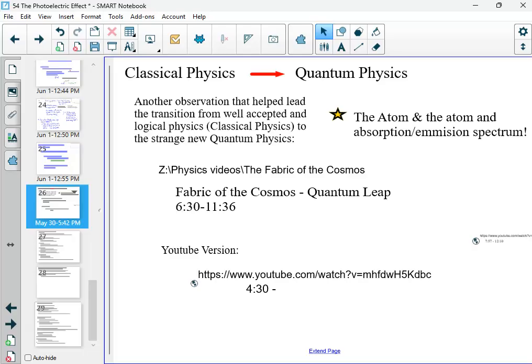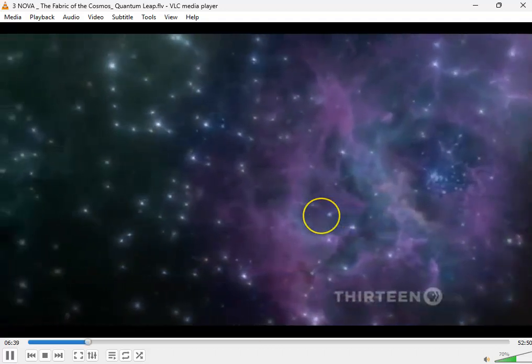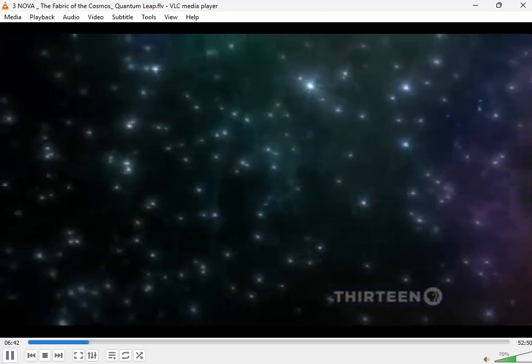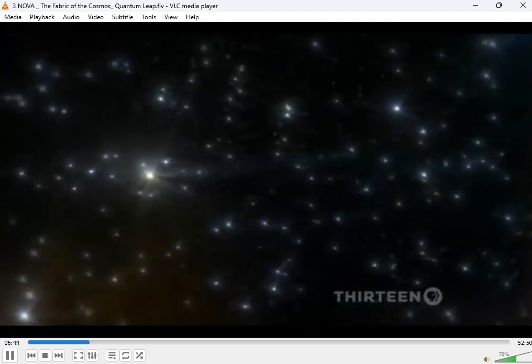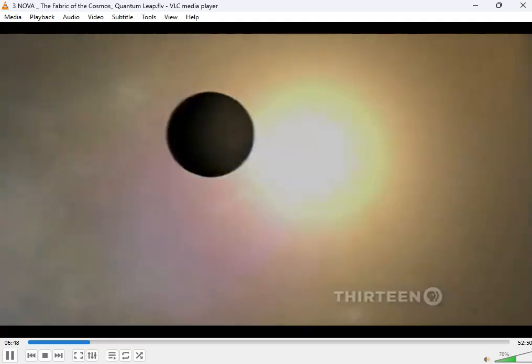So how did we discover them? These strange laws that seem to contradict much of what we thought we knew about the universe. Not long ago, we thought we had it pretty much figured out.